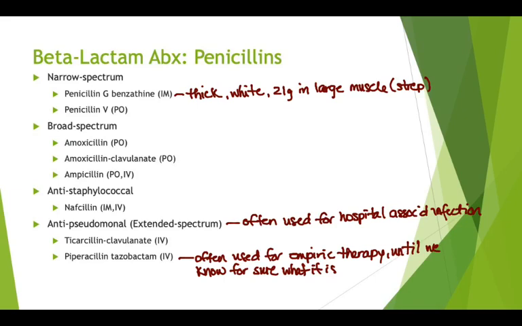Zosyn is one of the ones that are used for empiric therapy until we know exactly what it is. So Zosyn is one of those drugs that we like to use when we're treating something empirically because it has a really good coverage. And then until we get the C&S back, that we know specifically if we need to change it, but we can start them on Zosyn in order to at least get the process going.